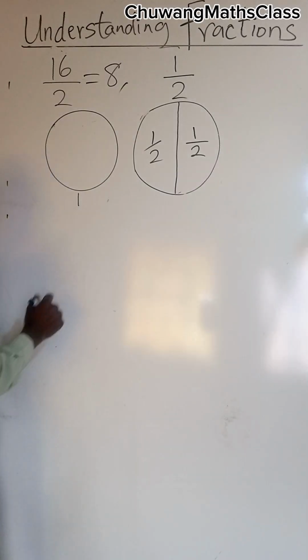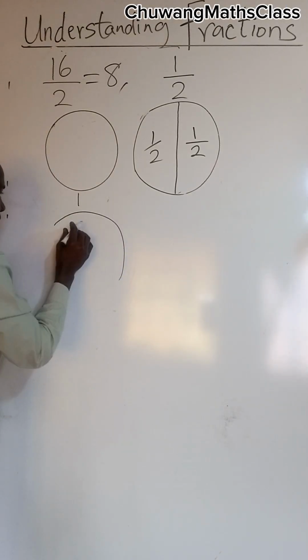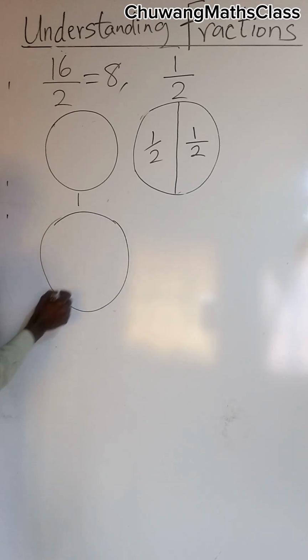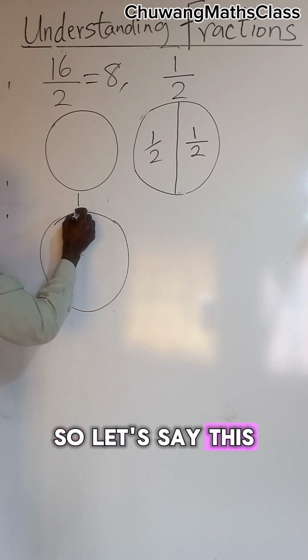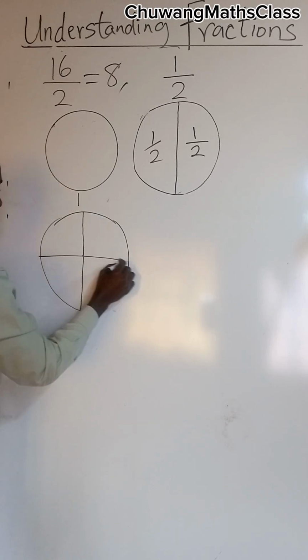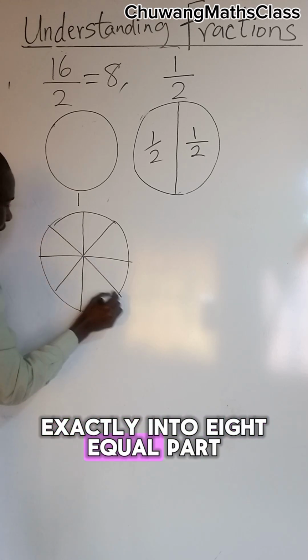Okay. Let me have another example here. I'm still using a cake. So let's say this cake is divided into 8 equal parts. This cake is divided exactly into 8 equal parts.